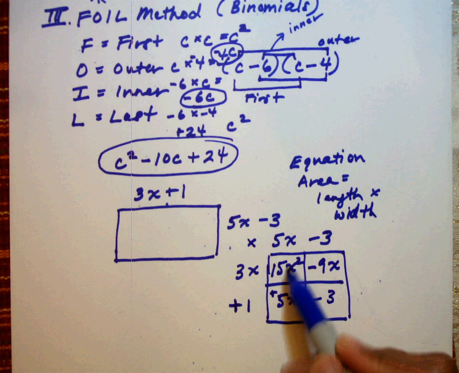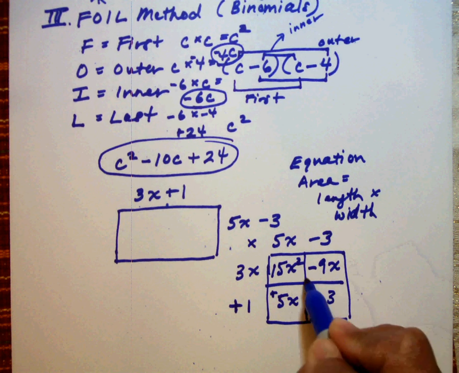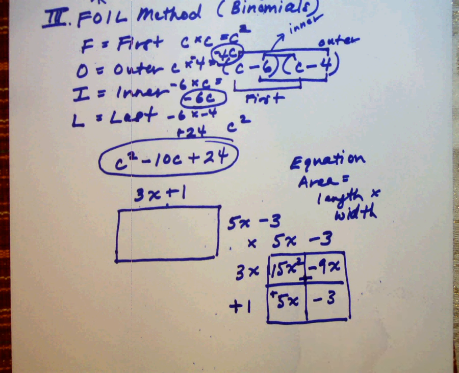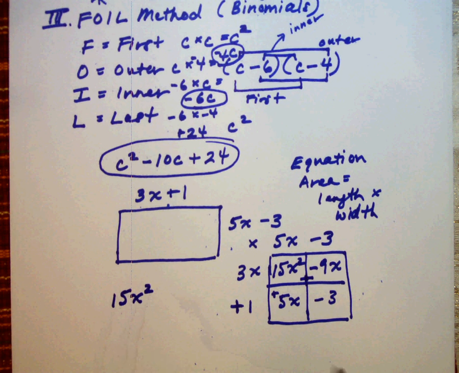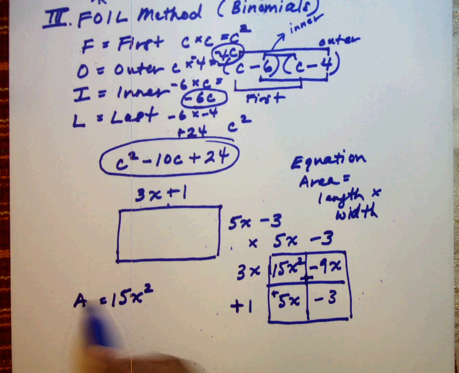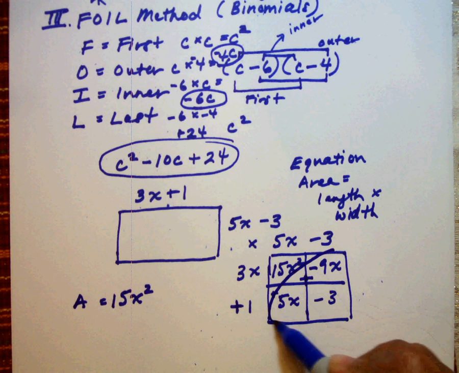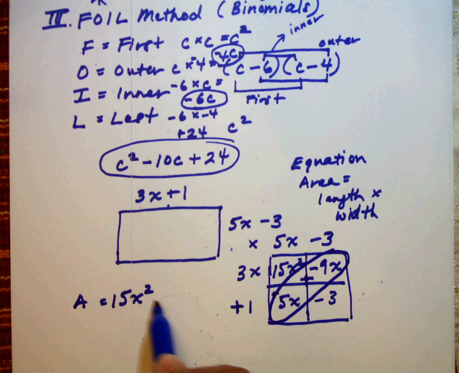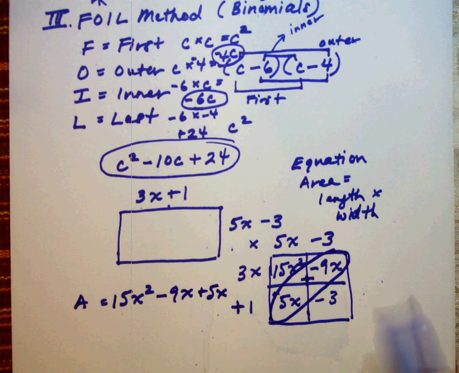Inside, you're adding or combining like terms. Okay, so that's why I'm going to put a plus here in the middle. You're adding like terms. I have 15x squared, and this is going to start with an equals. Now, this diagonal, this is both x's, so I'm going to combine these together. Negative 9x plus 5x, then minus 3.